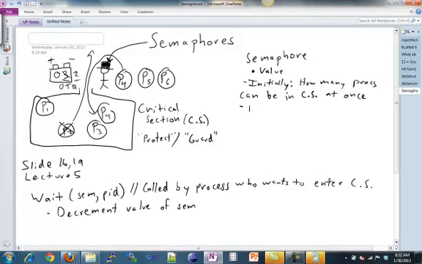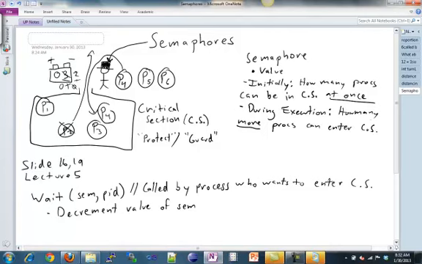And then during execution, this value is going to represent how many more processes can enter the critical section.